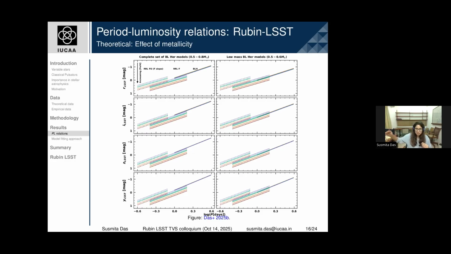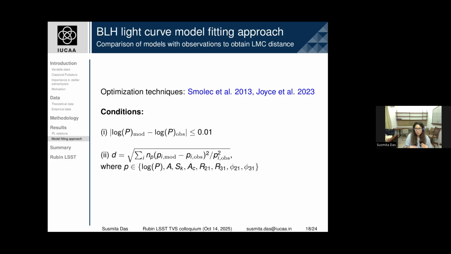But when we are studying period luminosity relation, we typically use what is called the mean magnitude, which means that we have averaged out the entire pulsation cycle to one particular mean magnitude. However, because variable stars do vary across the whole pulsation period, we have to be careful.